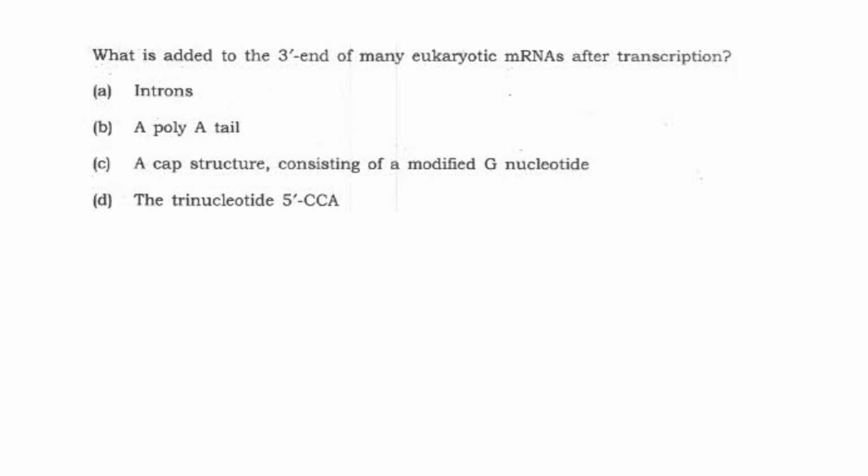In the tailing process at the 3' end, there is an addition of the poly A tail, or polyadenylation. So the correct option is B, a poly A tail.